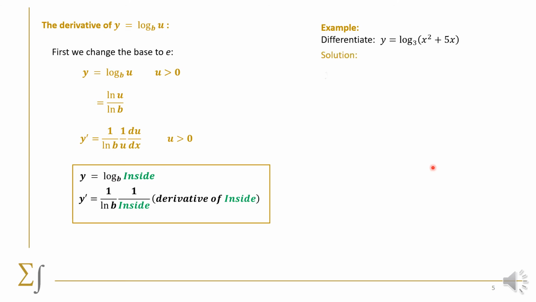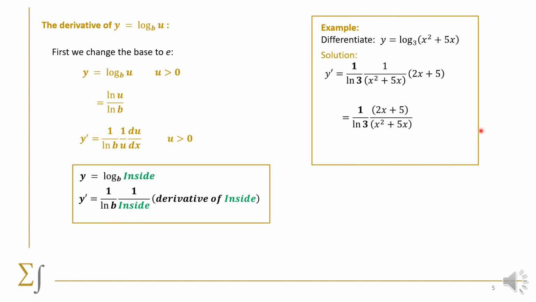So here we have y prime equals 1 over ln b, 1 over ln 3, multiplied by 1 over inside, 1 over x squared plus 5x, times the derivative of inside, 2x plus 5, because inside is x squared plus 5x. When you differentiate this, you get 2x plus 5. So we rewrite it in the following form, and that's the solution for this example.